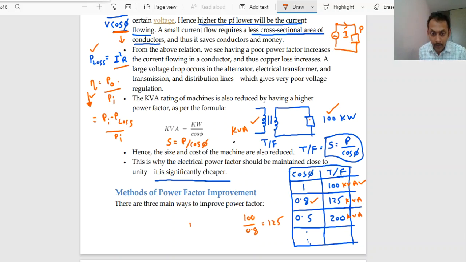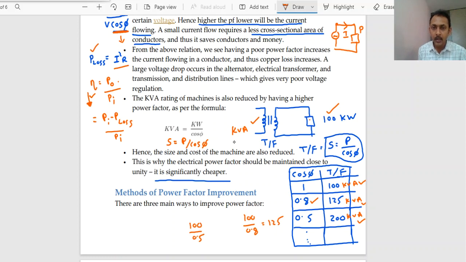Now if the power factor is very low, if the power factor is only 0.5, we require a 200 kVA transformer. So if you observe, with the decrease in the power factor, the size of the transformer to serve the same load is bigger. So this is the major drawback.